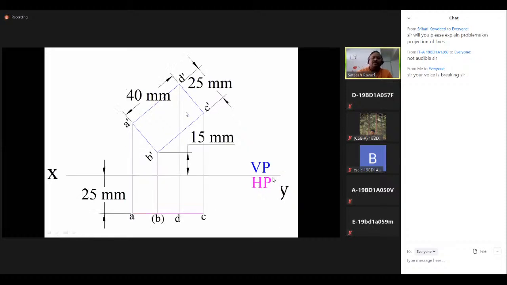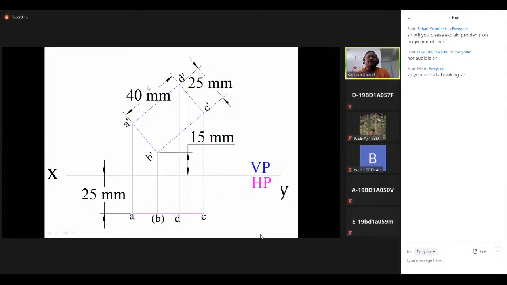Now you can draw the top view like this. Again, there is a gap of 25 mm from VP to the rectangular plane's surface, so we have taken 25 mm below to draw the top view. Here one point is to be observed: when you are watching from the top, A, D, C are visible, but B is not visible.